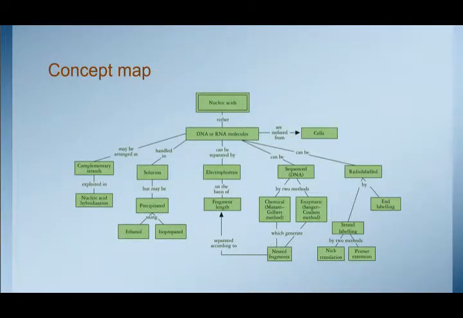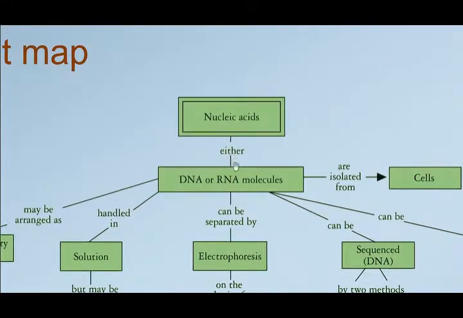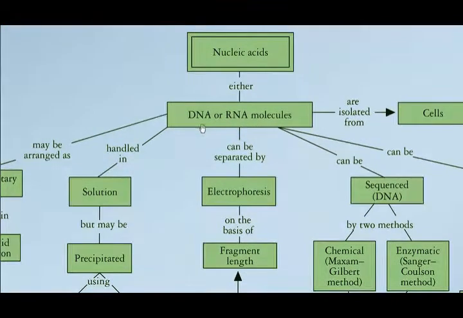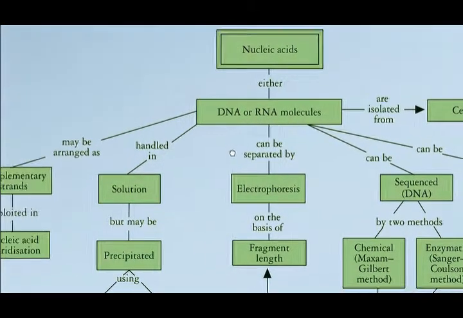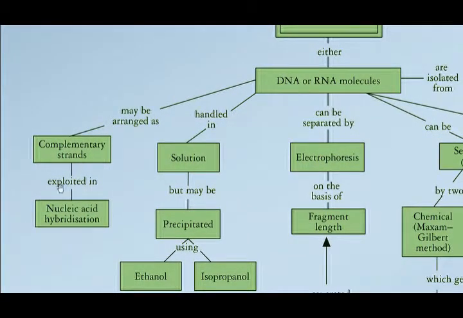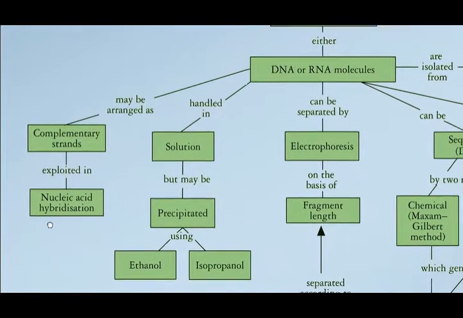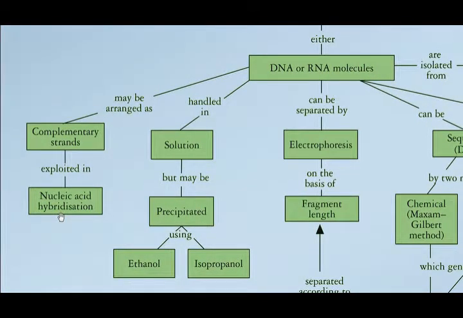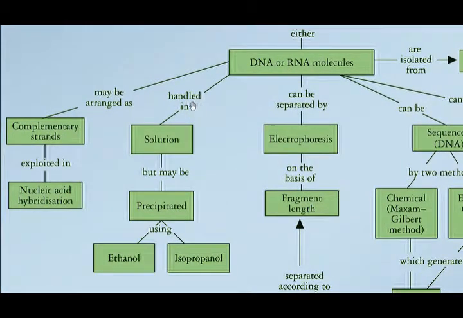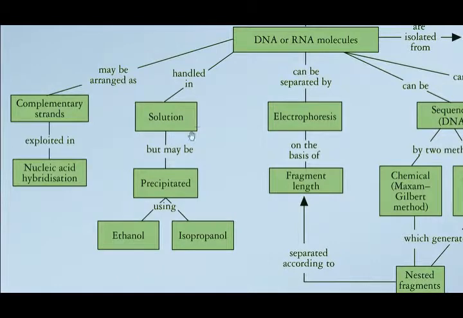Concept map. The concept map of this class shows us that nucleic acids, either DNA or RNA molecules, may be arranged as complementary strands exploited in nucleic acid hybridization. These molecules also can be handled in solution but may be precipitated using ethanol or isopropanol.